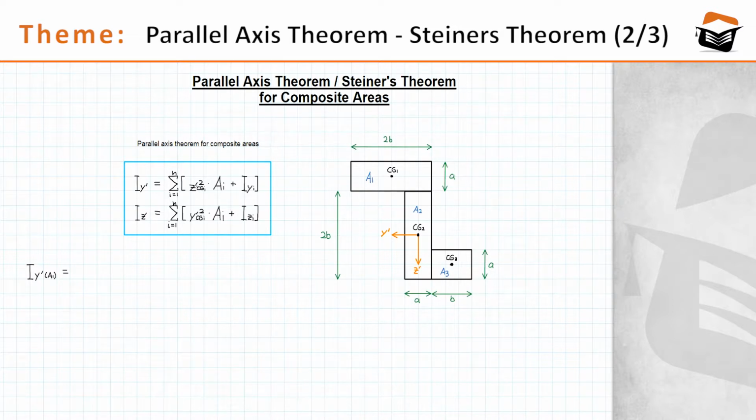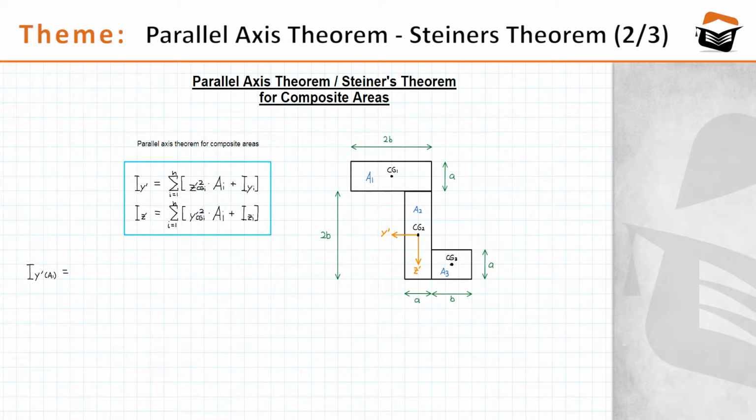Now, this term, z' sub cg, that is the distance between the centroid of the partial rectangle 1 and the reference axis along the z' axis.